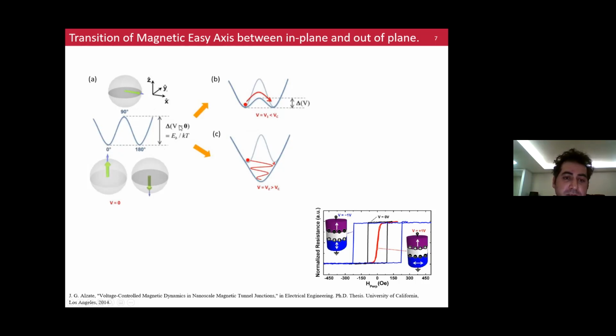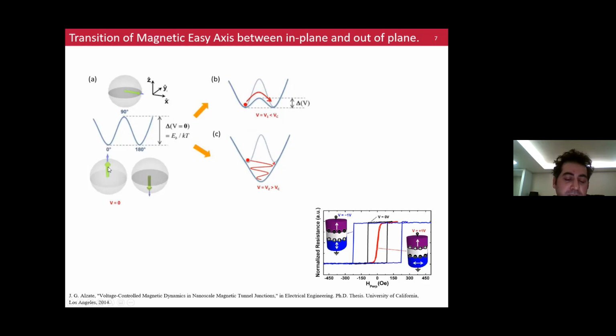Under zero voltage, it has a very symmetric energy profile with two energy minima, one at 0 degrees and another at 180 degrees.